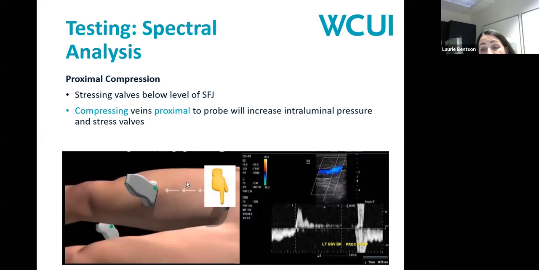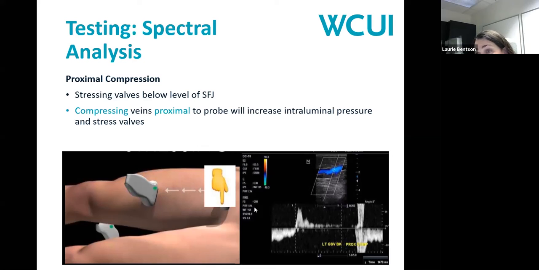In those cases where the patient cannot perform a Valsalva maneuver at all, you've done your tips and they still can't do it, you can't elicit the response we need, we can perform a proximal compression. Here is demonstrating proximal compression with the probe more down into the middle of the thigh, but this will also work in the groin.